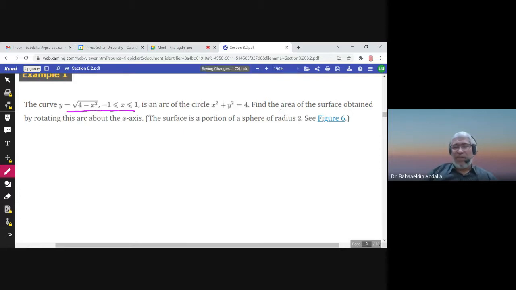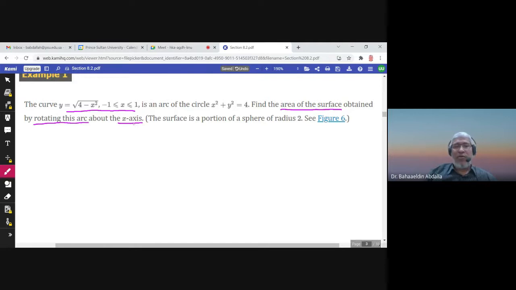Find the area of the surface, and please pay attention to the difference between section 6.1, where we find the area between two curves, and here the area of the surface of revolution. So look at this word carefully, area of the surface obtained by rotating this function or this arc about the x-axis.